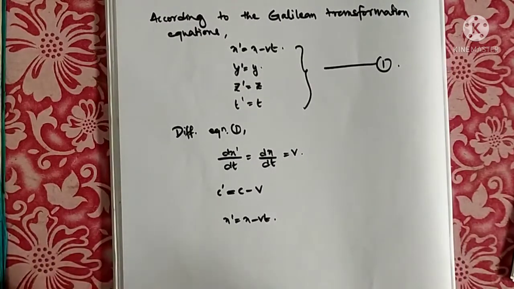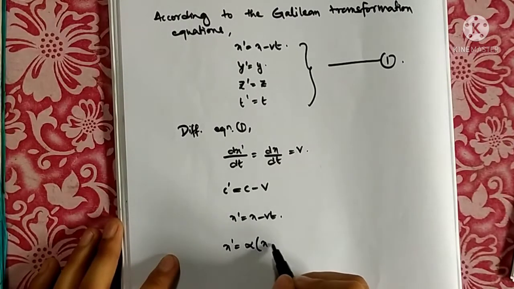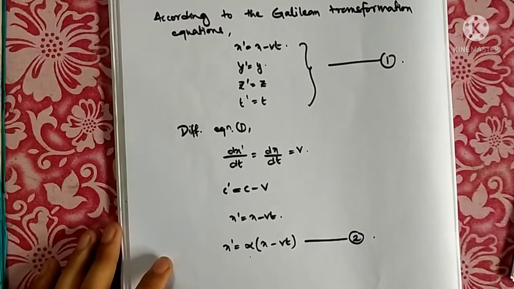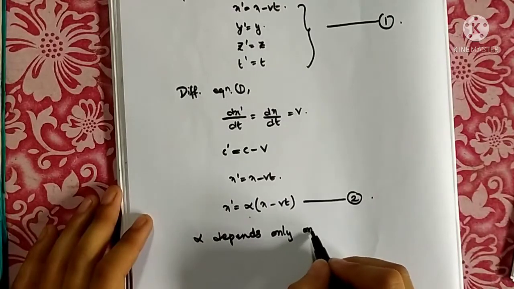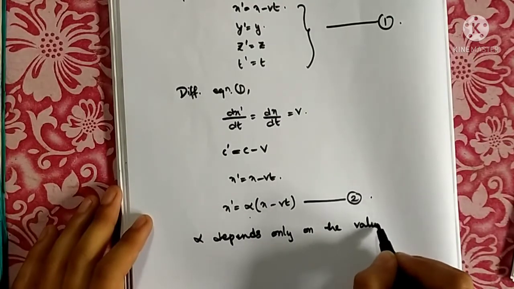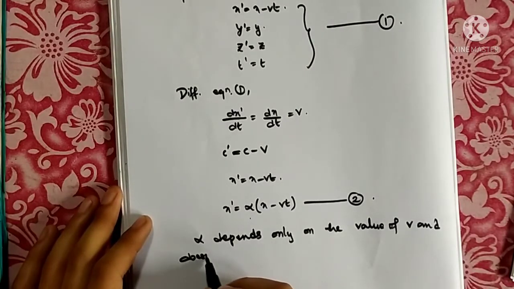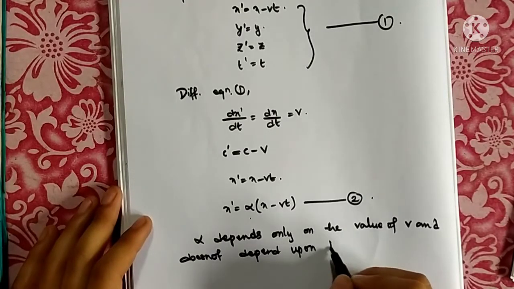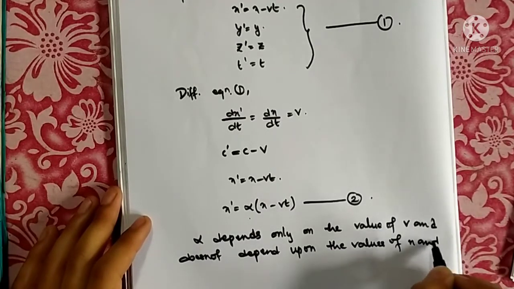The simplest possible form of this can be x prime is equal to alpha (x minus vt), equation number 2, where alpha depends only on the value of v and does not depend upon the values of x and t.